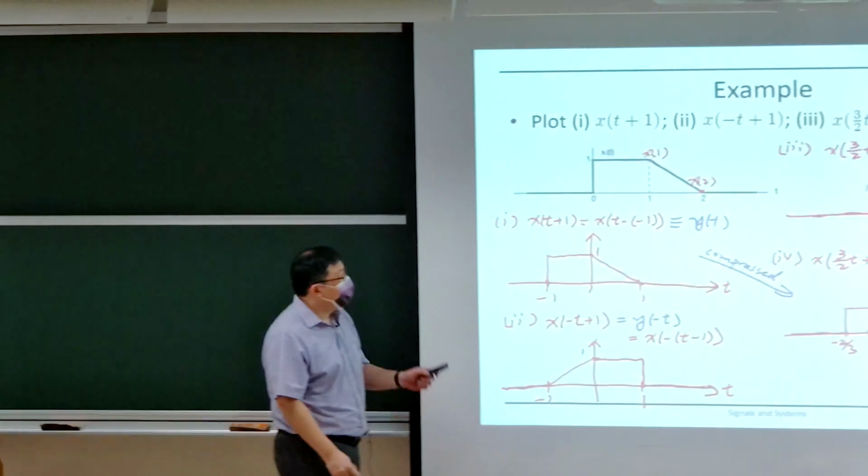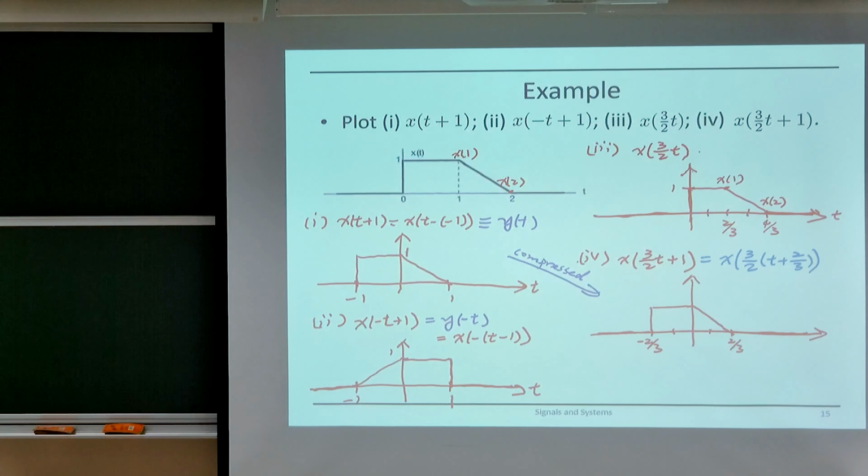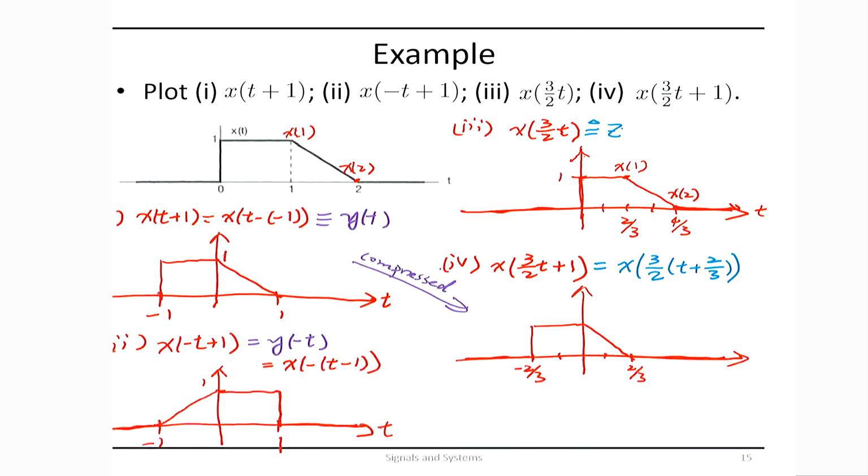The reason is that if you view the above signal as some signal z of t, then the signal you have here is actually z of t plus 2 over 3.